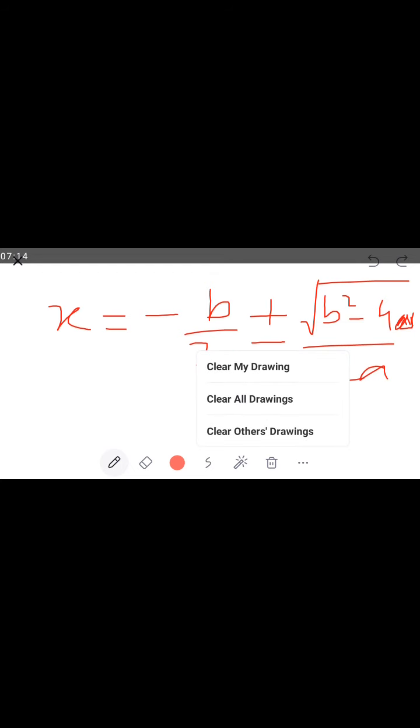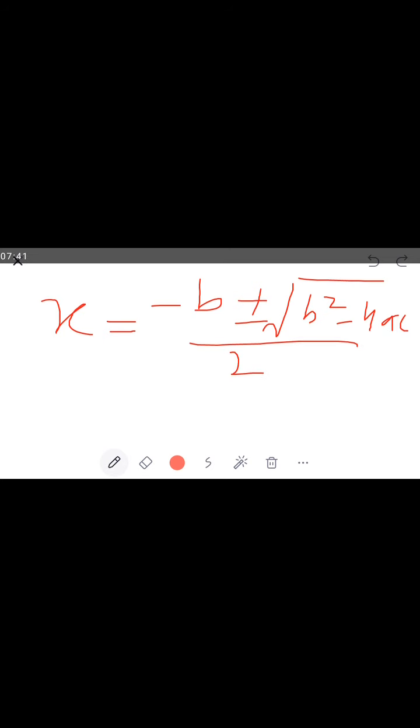Finally, I will write it as a single fraction: x is equal to minus b plus minus under root b square minus 4ac, upon 2a.